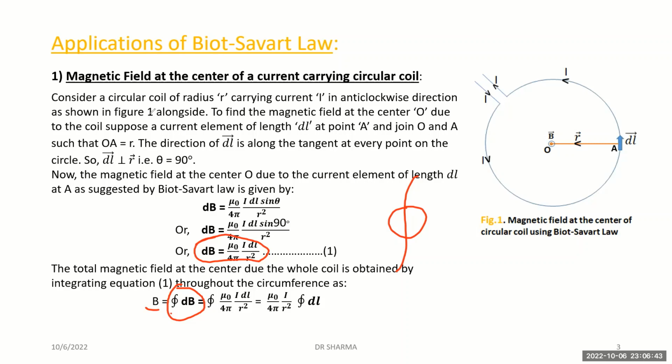Now we substitute the value of dB from equation 1, and since the constant terms can be made free of the integration sign, we are writing it this way.